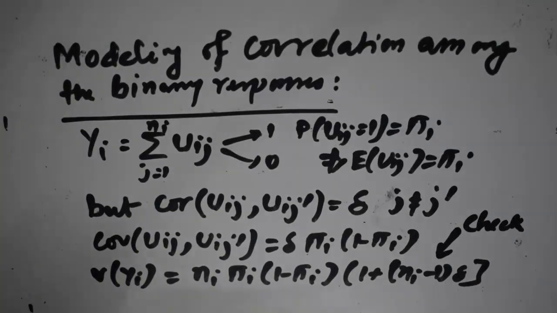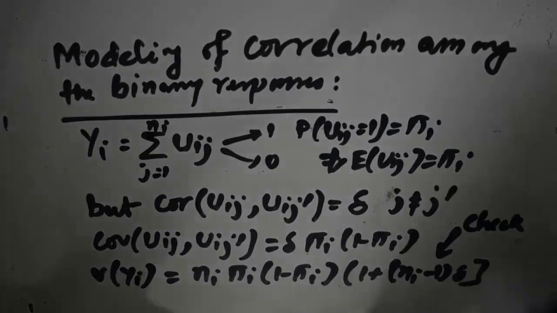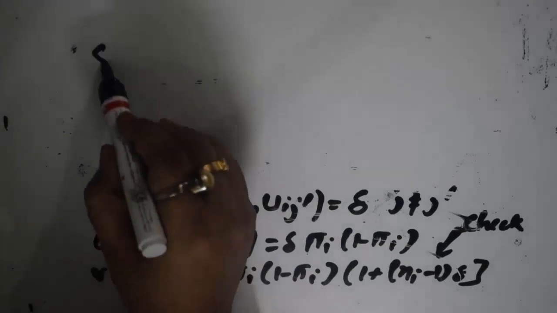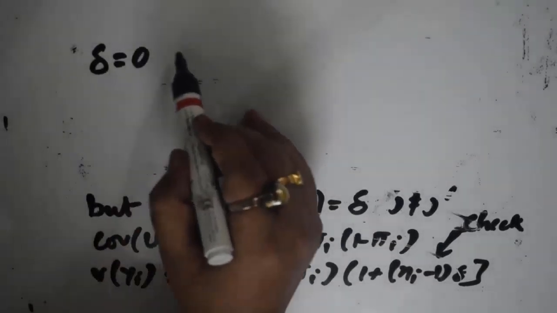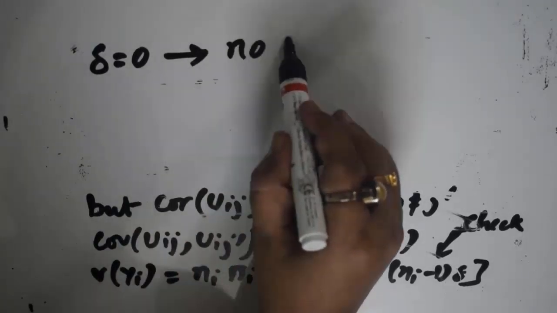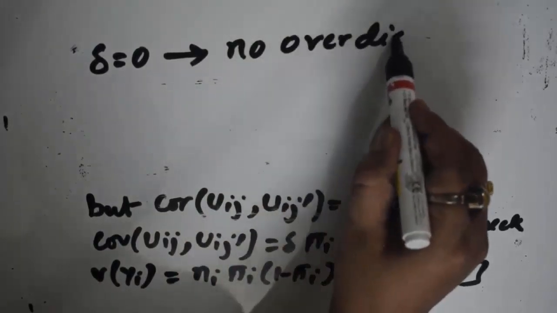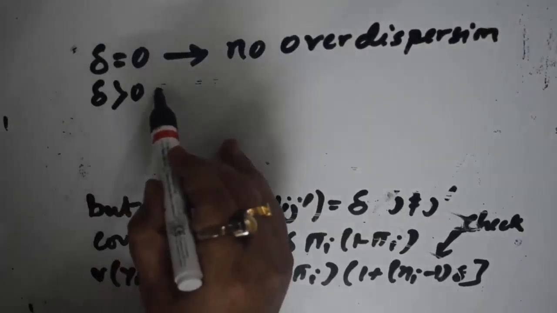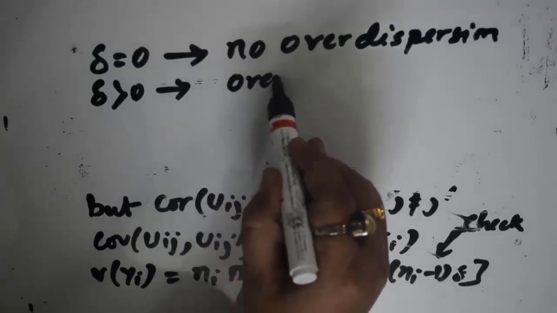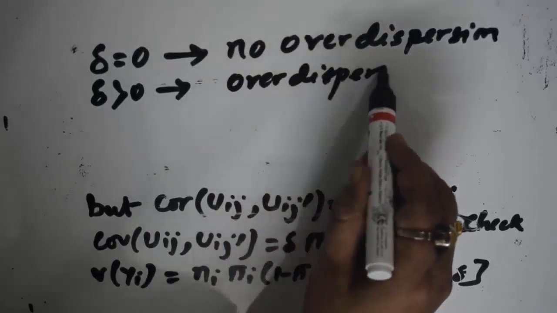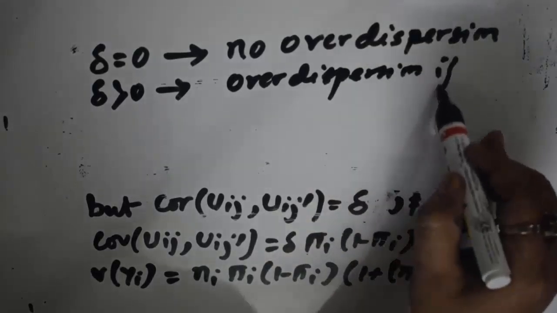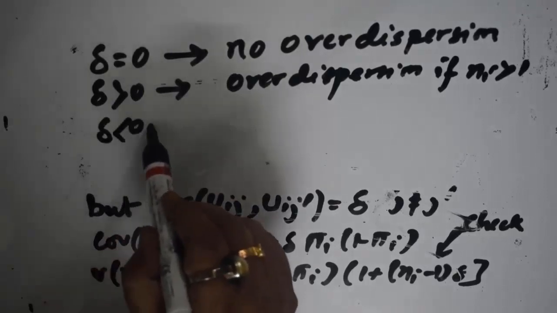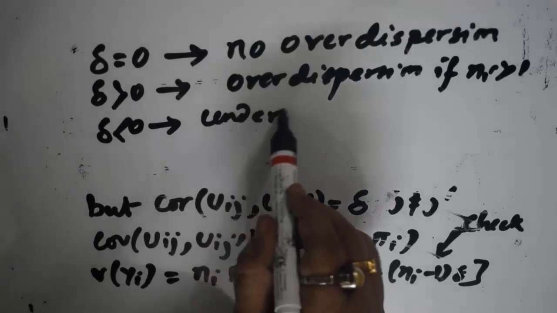Here also we see that when delta equal to 0, this implies no overdispersion. Delta greater than 0 implies overdispersion. If ni greater than 1, delta less than 0 implies underdispersion.